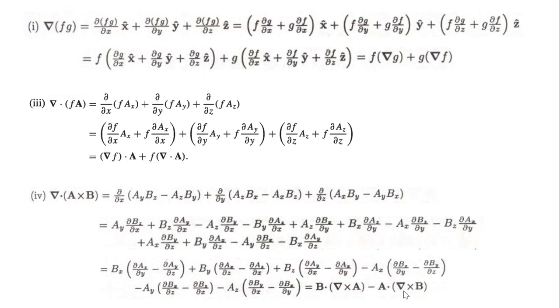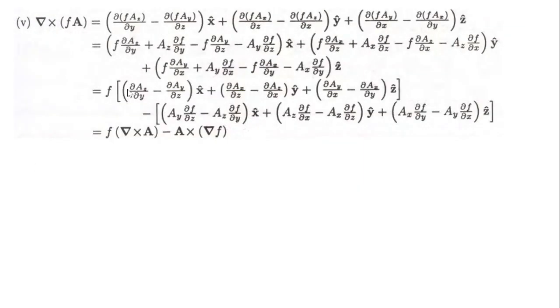So guys, this is just expanding the del operator in its component form, finding out various dot products and cross product and applying the product rule of normal derivative. You have to keep doing it in different permutation combination. You can find any differential operation for any of these vectors.